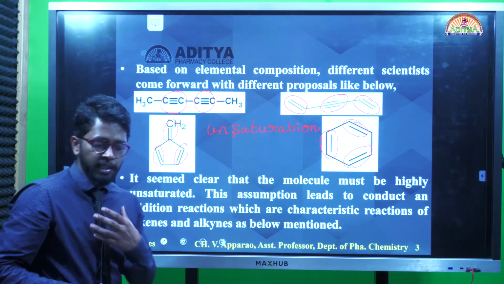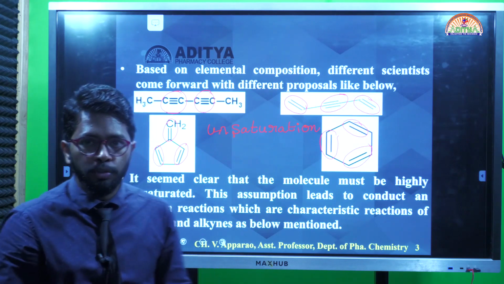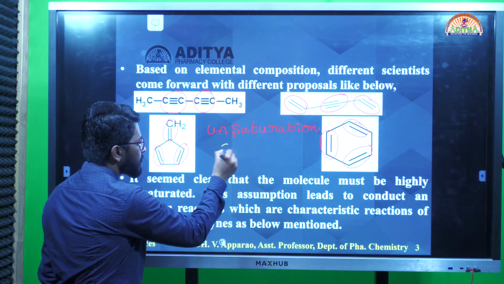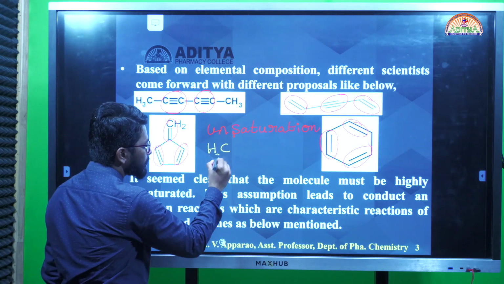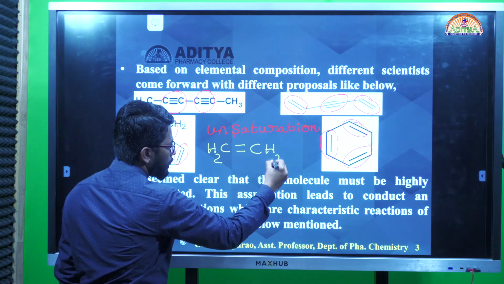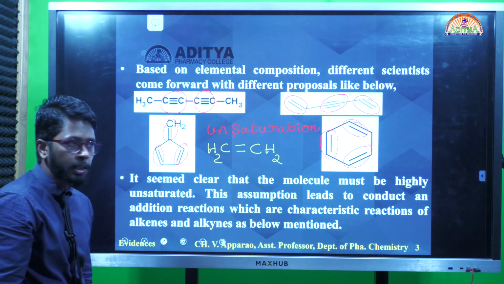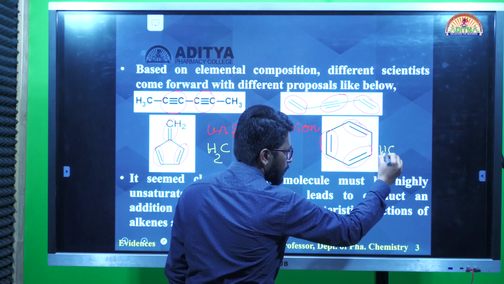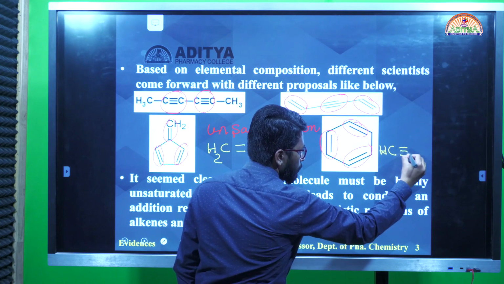What we know as the basic examples of unsaturated compounds from our earlier semester are alkenes. The basic example for an alkene is ethylene, CH2 double bond CH2. The basic example for a triple bonded system is acetylene, CH triple bond CH.